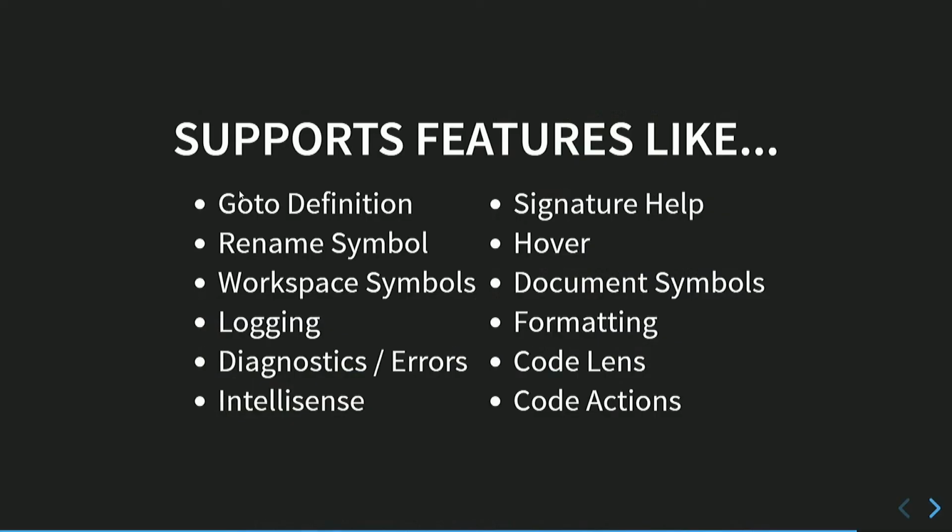And then signature help, hover, document symbols, or what are the symbols in the current document? Formatting, even code lens, so the number of references this particular method is used by, and clicking on that and going to definition on those. And code actions for diagnostics, WASM analyzer fixes, arbitrary things that you need to do against a specific area of your code.